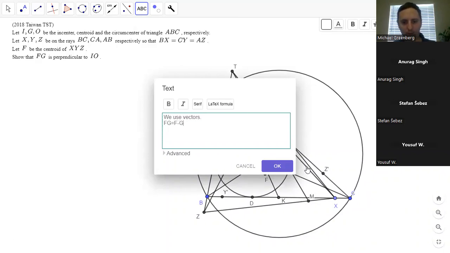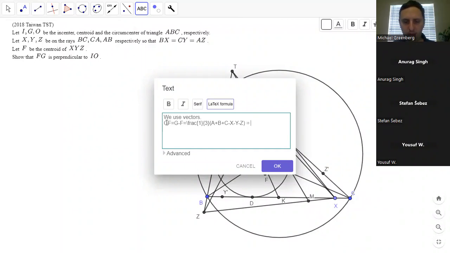It's going to be F minus G, which is a third of x plus y plus z. Actually, GF is probably easier. So that's G minus F, which is a third A plus B plus C minus X minus Y minus Z.